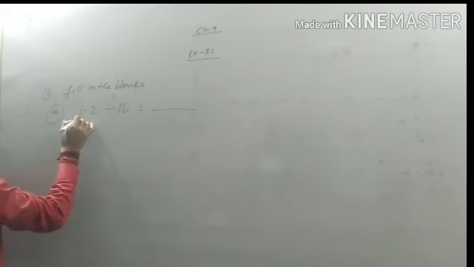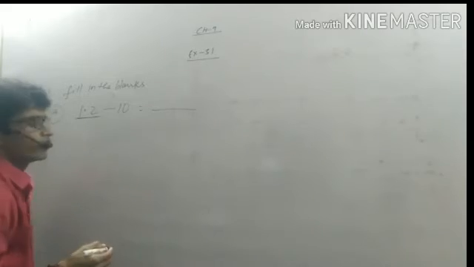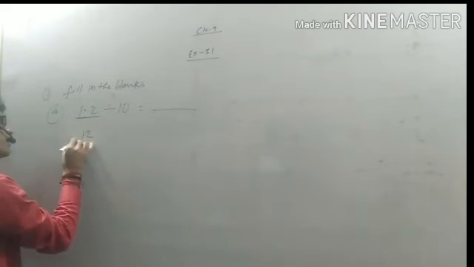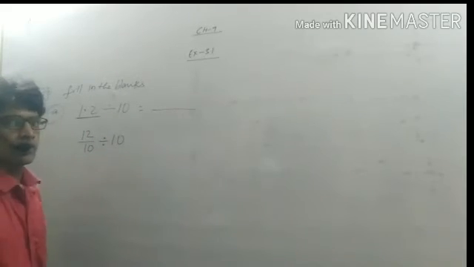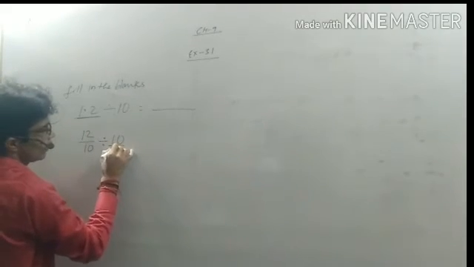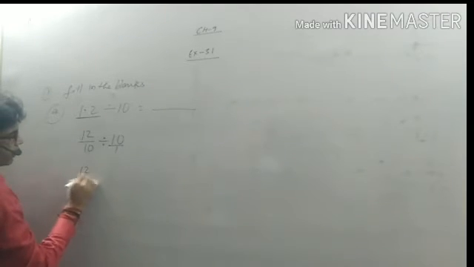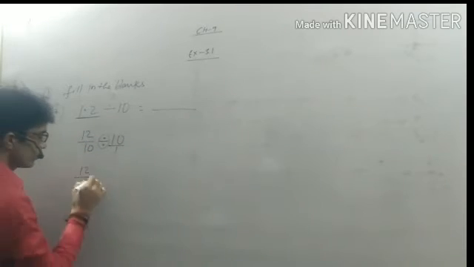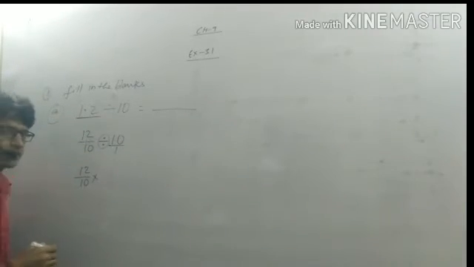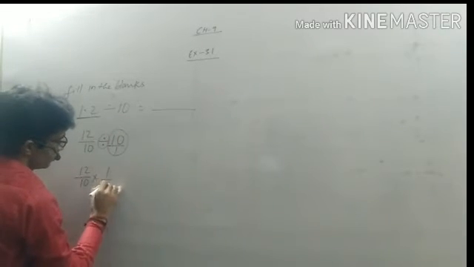First of all, change the decimal fraction into a fractional number. So we can write 12 by 10 divided by 10, and we can write 10 by 1. Now second step, 12 by 10 and change the division sign into a multiplication sign, and this part is reciprocal, so 1 by 10.